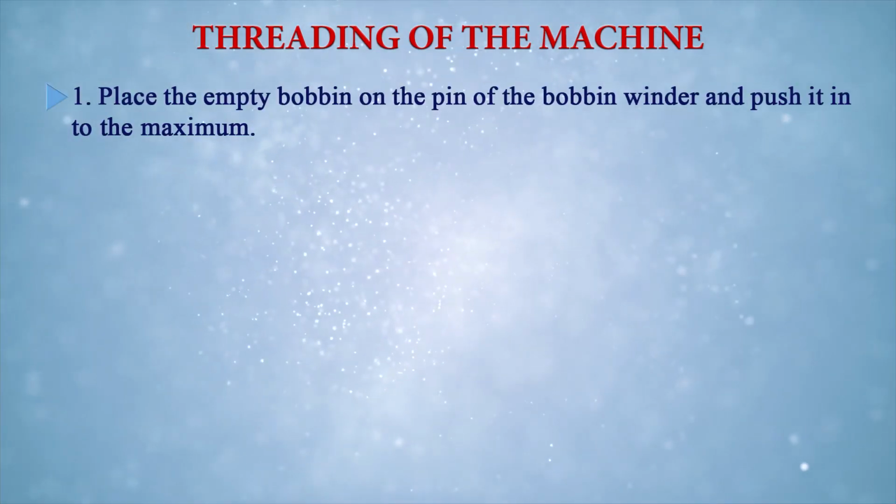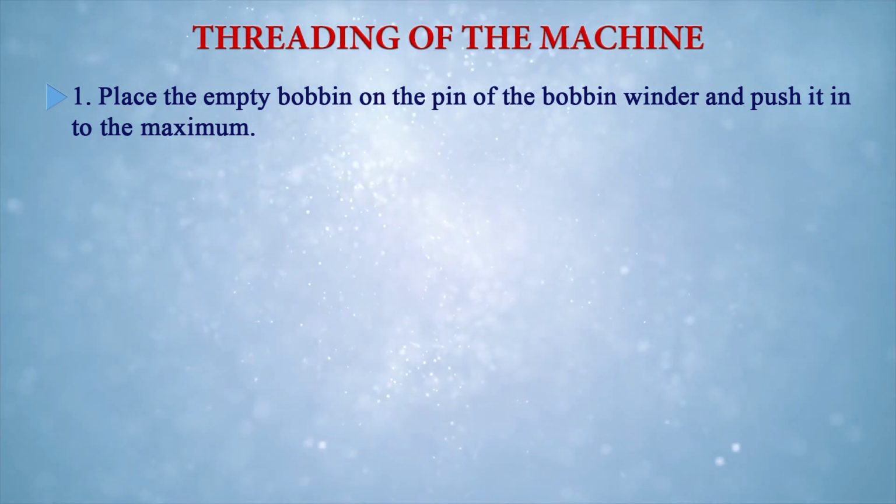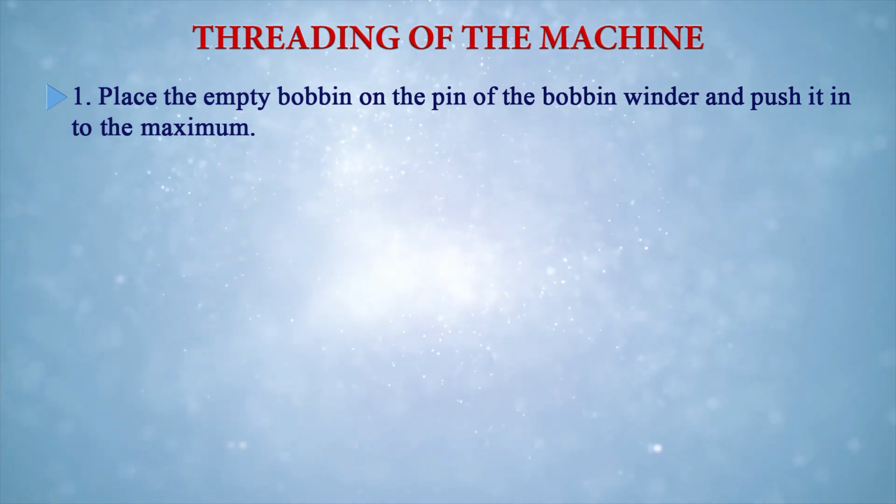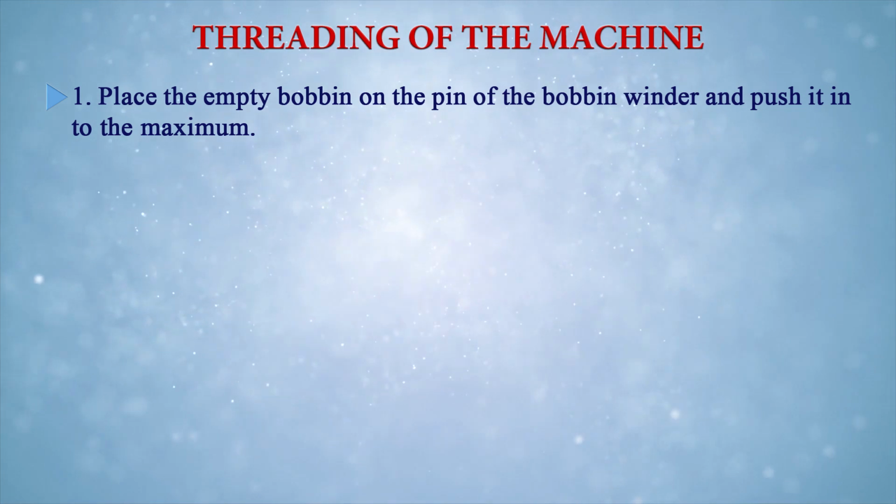The process we follow for winding the thread on the bobbin is: place the thread spool on the thread stand, then pass the thread through the thread guide, and between the tension disc and the tension bracket. Then place the empty bobbin on the pin of the bobbin winder and push it in as far as it goes.